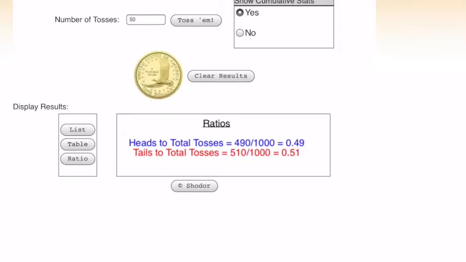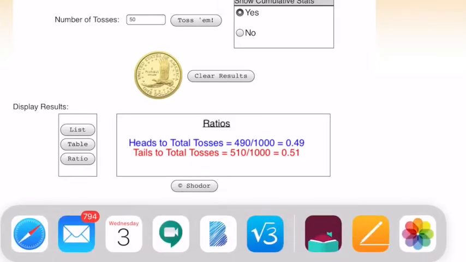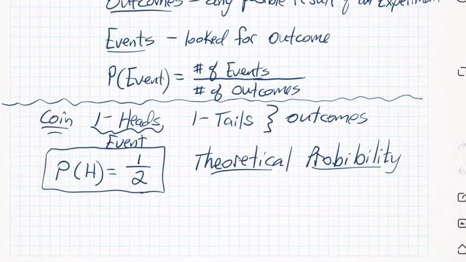So we can see here after 1,000 tosses, the probability ended up being 49% for the tosses of heads. So I guess if we went further, and I don't want to spend too much time on that, the theoretical probability would be approached. So again, that's called the law of large numbers.